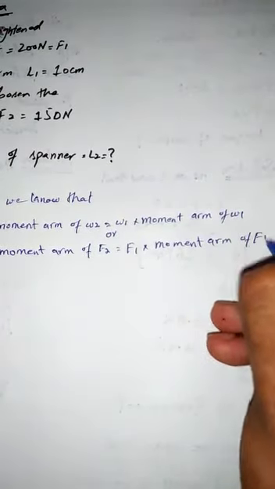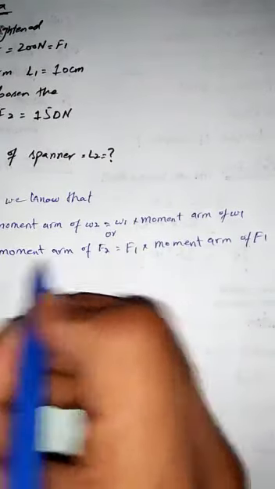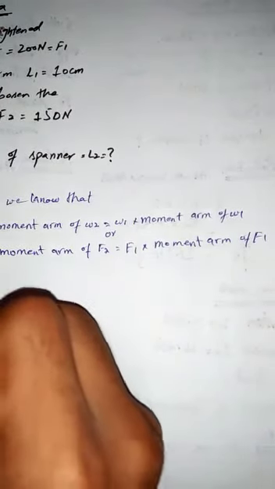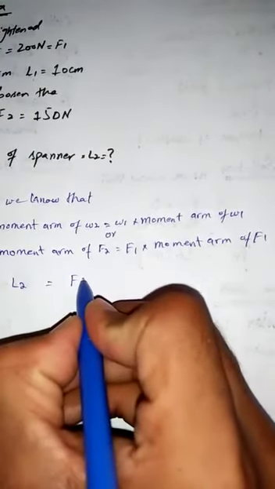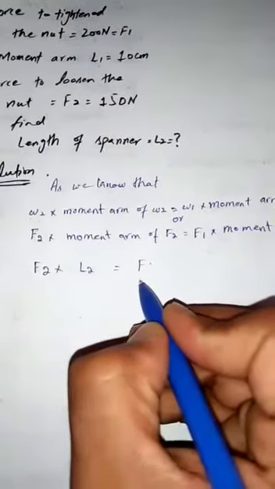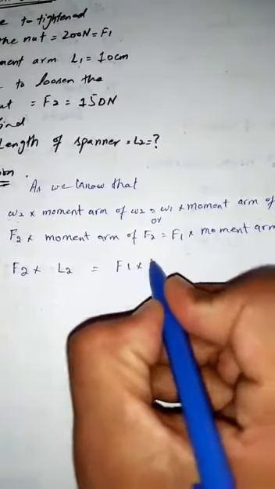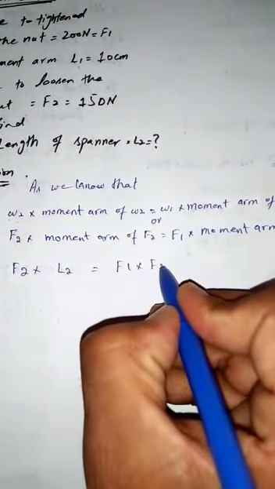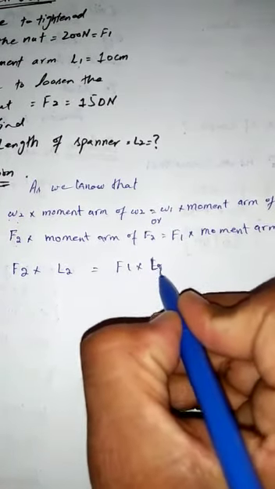We have to find L2, that is F2 L2 is equal to F1 multiplied by L1.